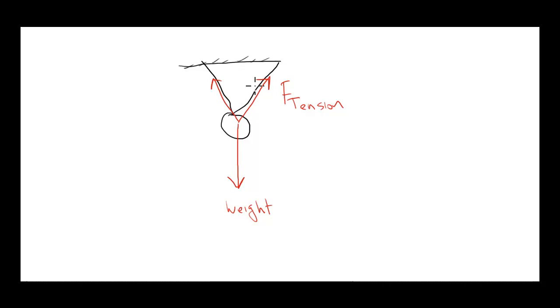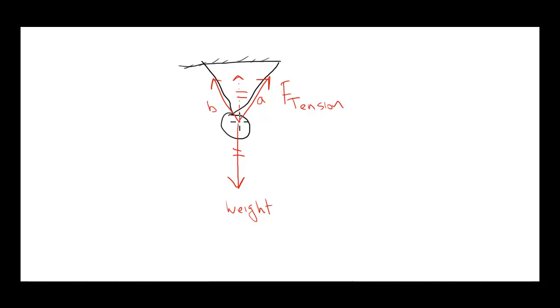And the way this works right here is that the total upward force produced by both of these tension forces is equal to the weight. That's why this thing's in equilibrium. The total vertical force produced by these two tensions, the tension in this rope, let's call that rope A, and the tension in rope B, both of those ropes are exerting some upward force, and the combined upward force of those two ropes is counteracting the weight.